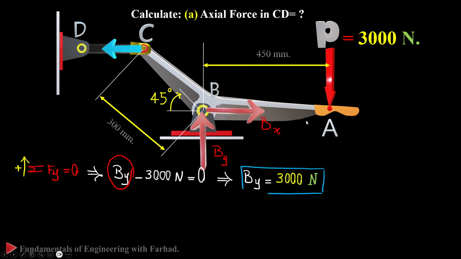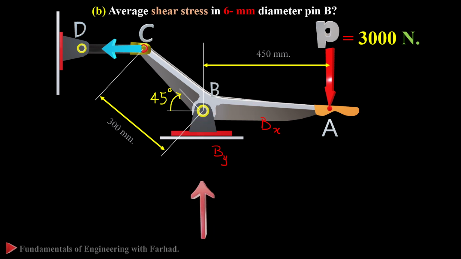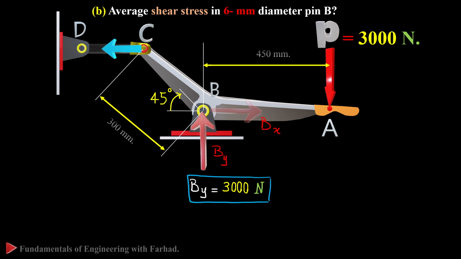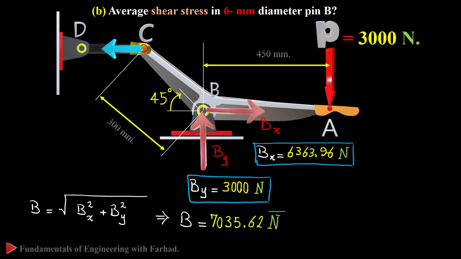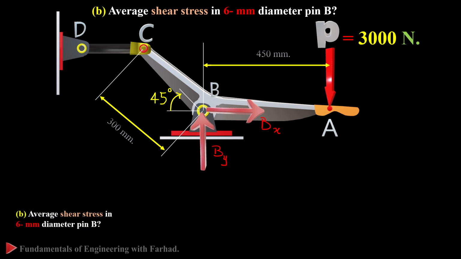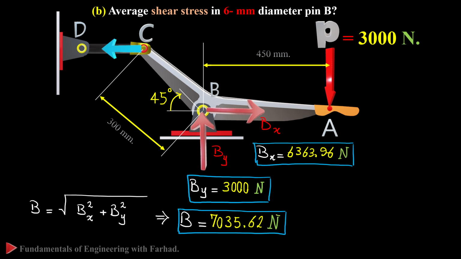As soon as we have both components of B, Bx and By, we can calculate the resultant force at B, and that's nothing but the square root of Bx squared plus By squared, and it gives us the total force in B equal to almost 7,000.